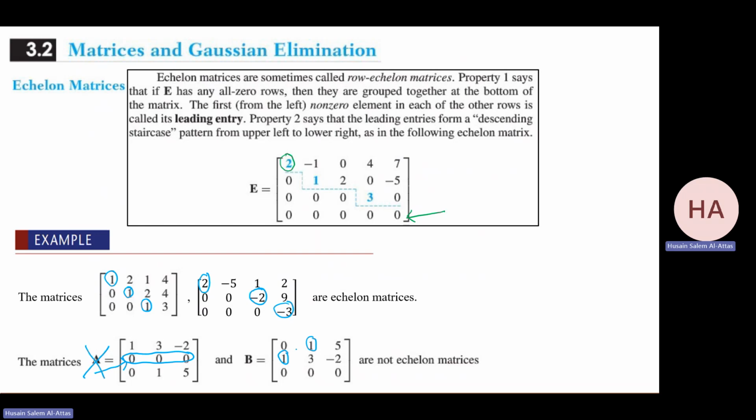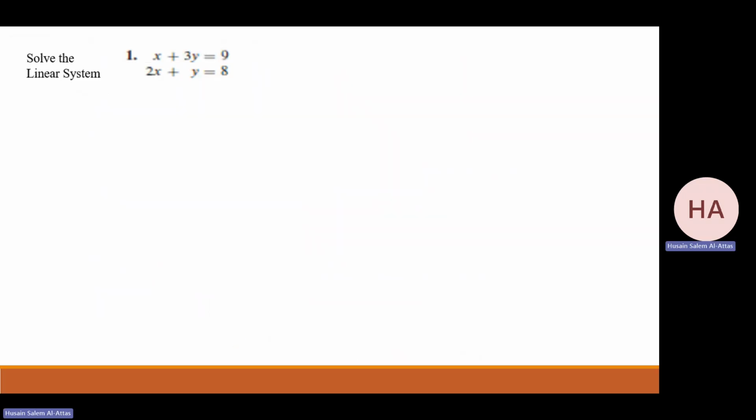The second row's is not lying to the right of it. Also, if it is in the same column, this is not acceptable. What is acceptable is just to be to the right of the first one. The first non-zero elements in each row should lie to the right of each other as we proceed from the first row, second row, third row, and so on. So this is not echelon form. I have a problem here.